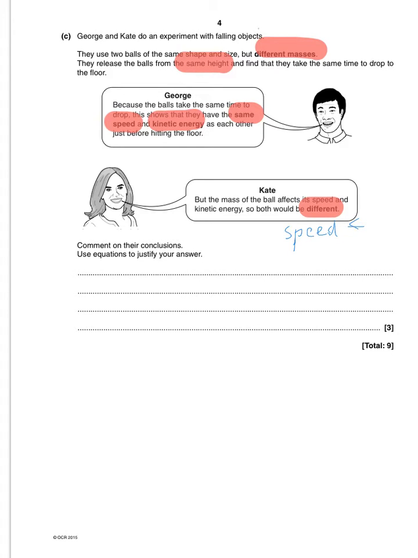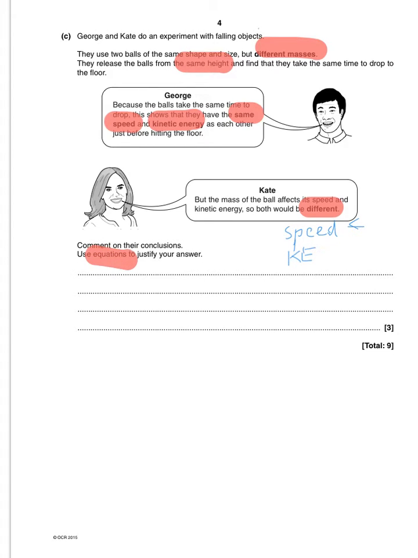The second thing is about the kinetic energy. Okay, so it says George thinks the kinetic energy would be the same. Now, this is probably where I would be using an equation to justify.